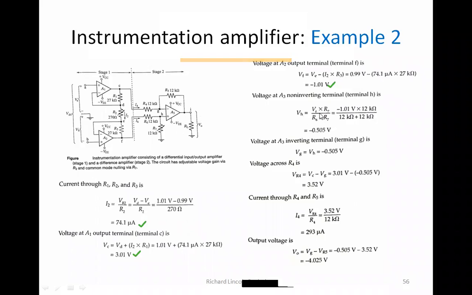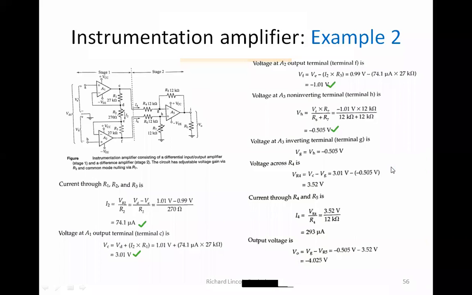So VH is equal to the voltage at point F, which is coming here, right? So this voltage goes through the resistance, into R7 divided by R6 plus R7. Remember, I had told you this is a voltage divider, right? So we get these values, and we get about minus 0.505.